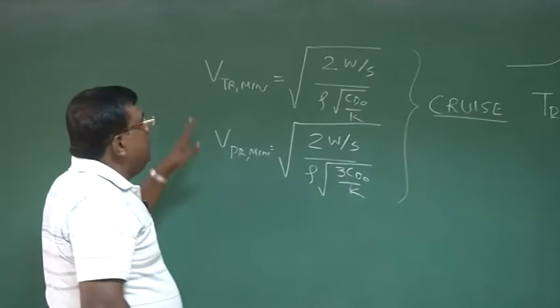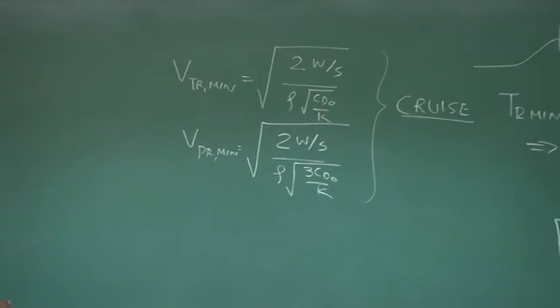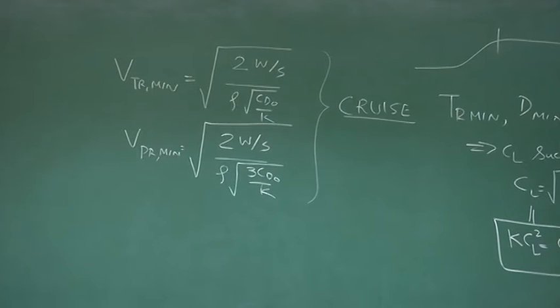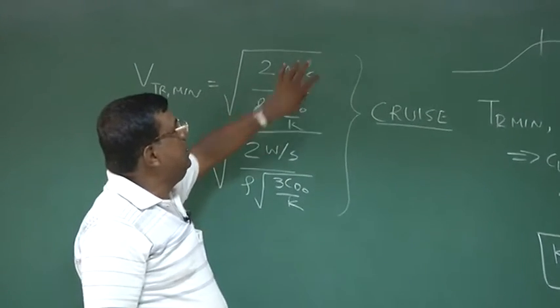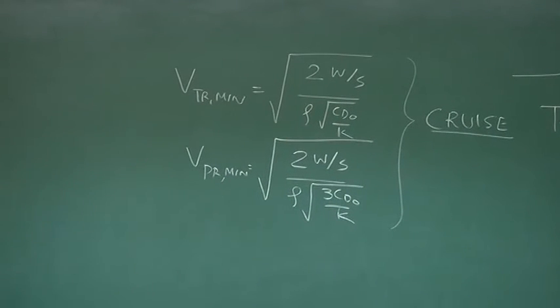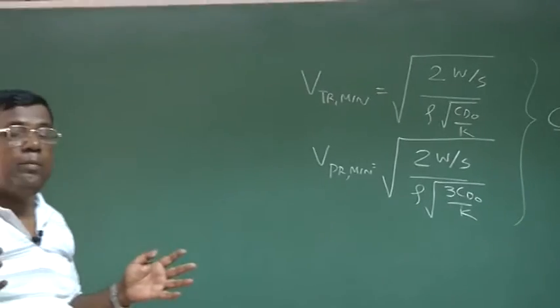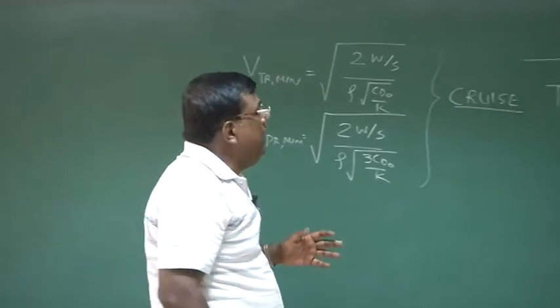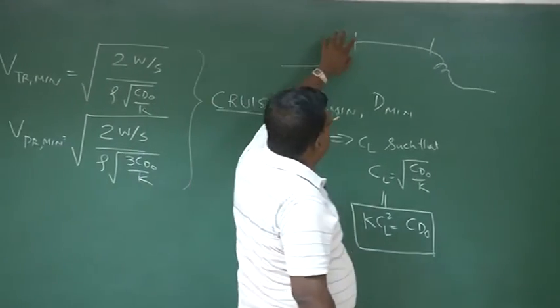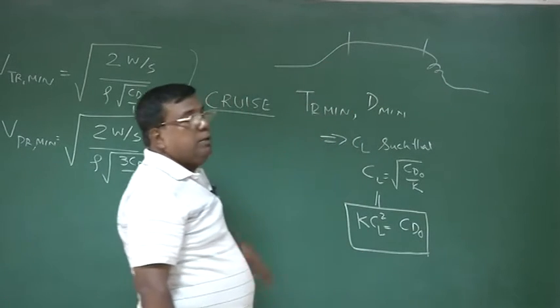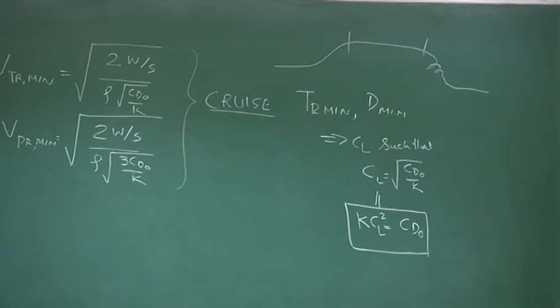So the designer, depending upon the different conflicting requirements he has, will select W by S, and at the end of this course you will realize how to select a wing loading for a particular airplane which will best satisfy all those flight phases. Many a time the designer has to give a weightage.